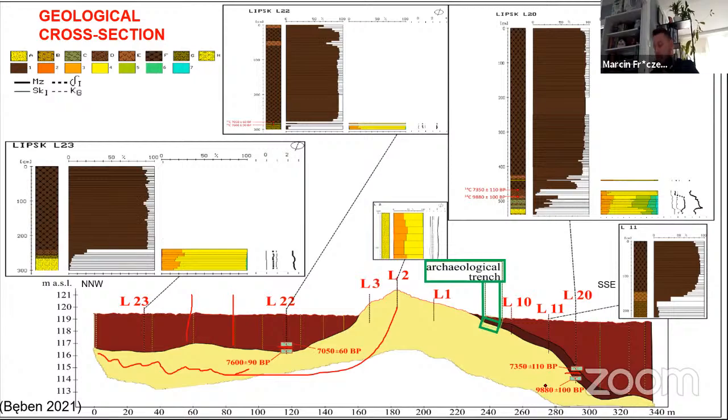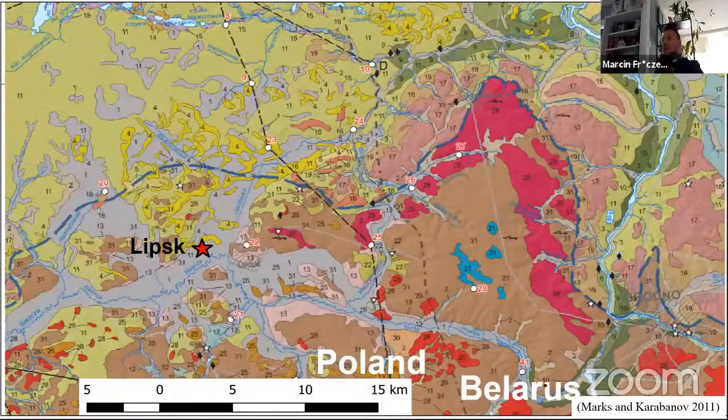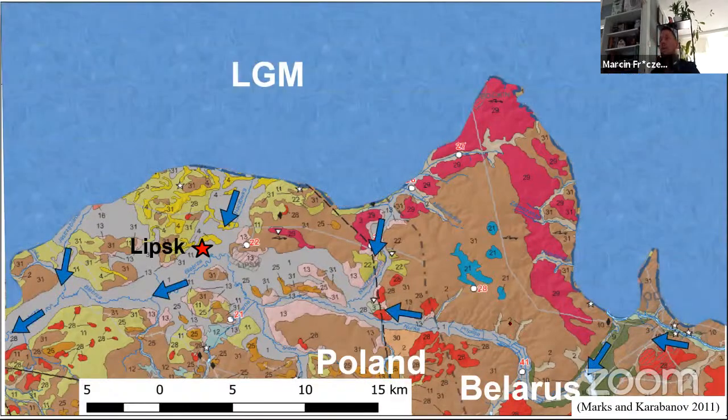And when we have a look at our location, we are in the close vicinity of the last glacial maximum, the water flowing through the Haciłówka at that time.